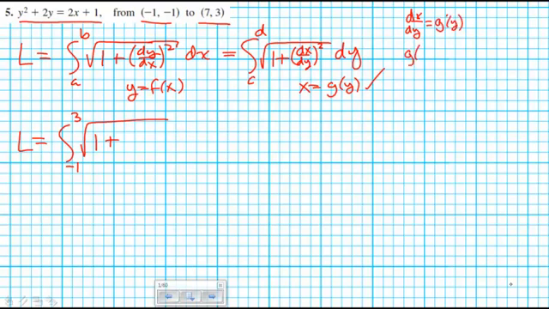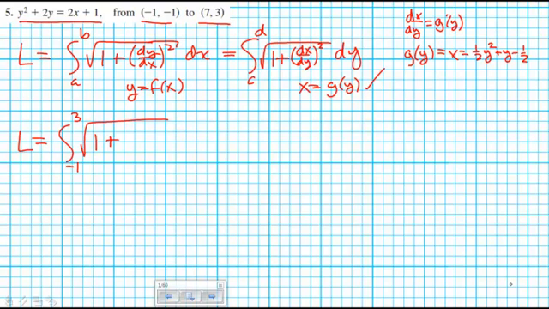So what is my g function? What is x equal to? I think my x is equal to 1/2 y squared plus y minus 1/2, I think.